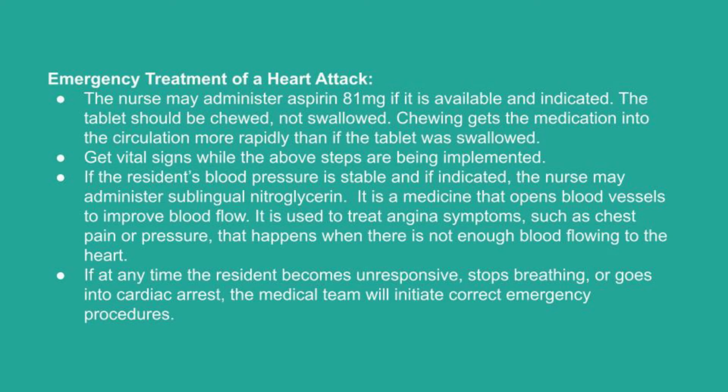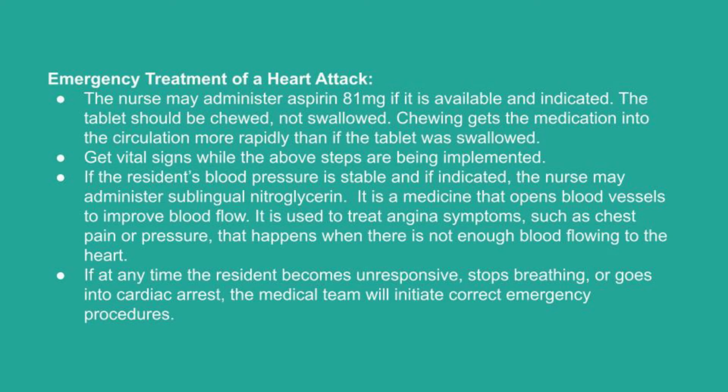Also, vital signs should be obtained while the above steps are being implemented. If the resident's blood pressure is stable, and again, if indicated, the nurse may administer a sublingual nitroglycerin. This is a medicine that opens blood vessels to improve blood flow. This is used to treat angina symptoms or the symptoms of chest pain or pressure.